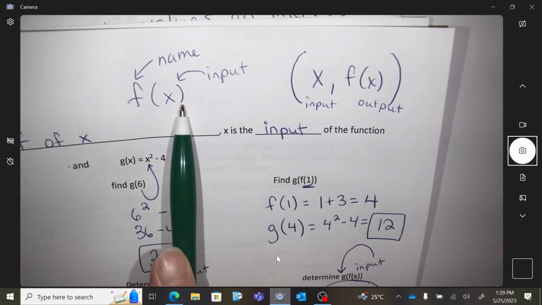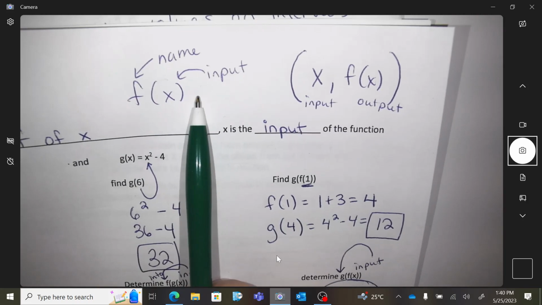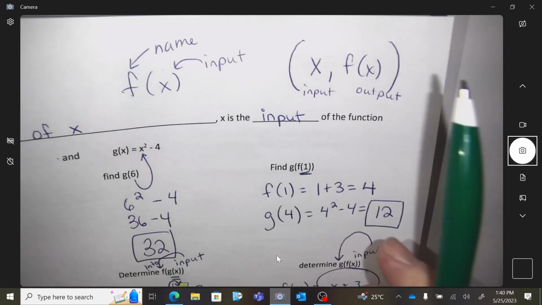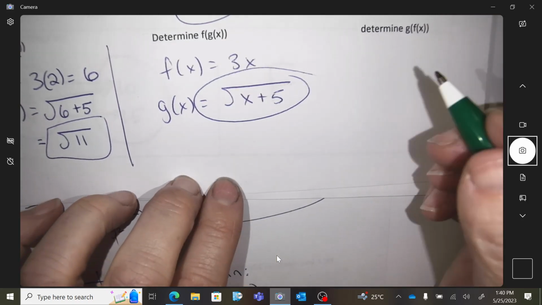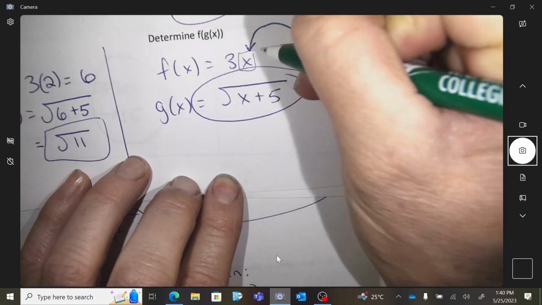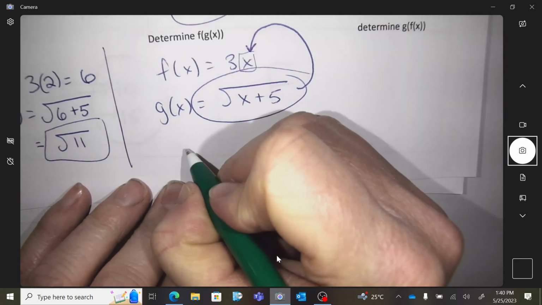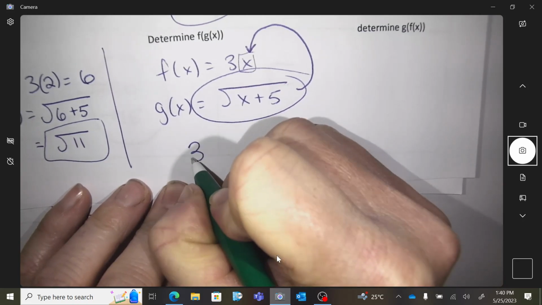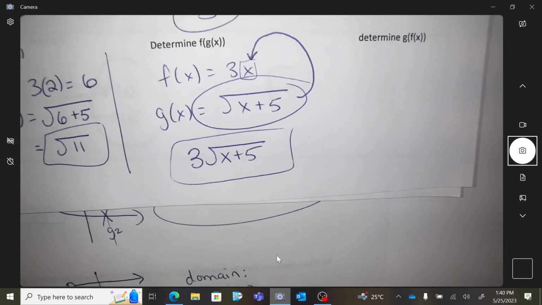Whatever's in the brackets is what you're inputting this into. This is always your input part. So the g of x is the input, and I'm going to put it into that box. So it's going to look like this. That's it.